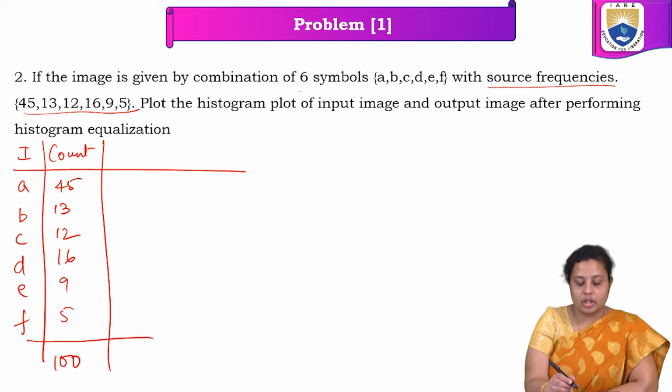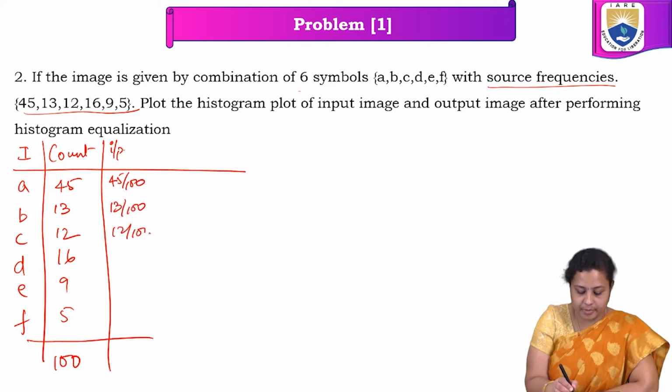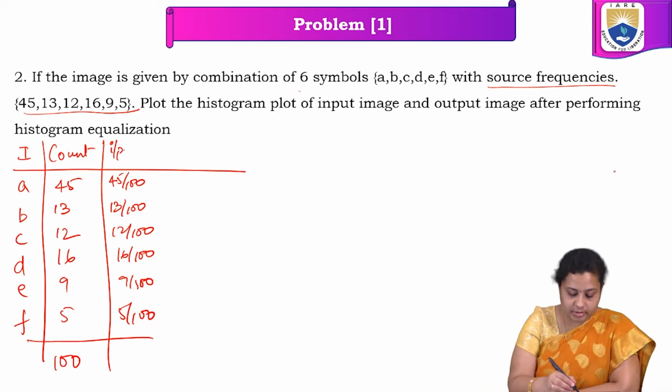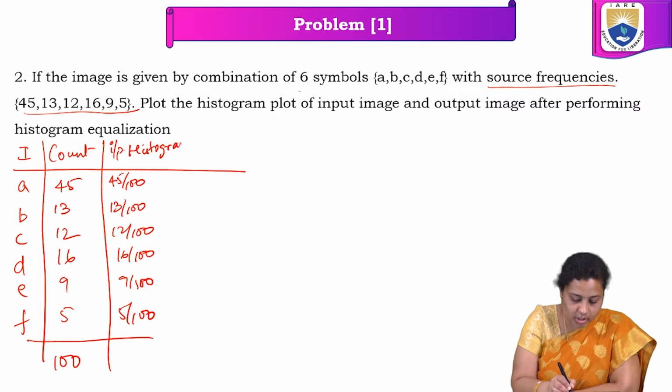Right? So if you want to calculate the input histogram, how do we do it? 45 by 100, 13 by 100, 12 by 100, 16 by 100, then 9 by 100, 5 by 100. So this is my input histogram, which is my normalized histogram, or the probability.